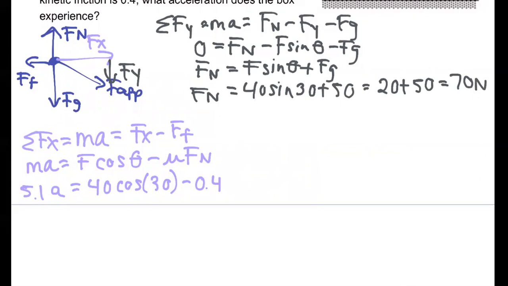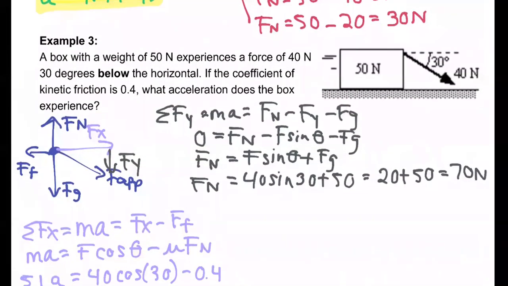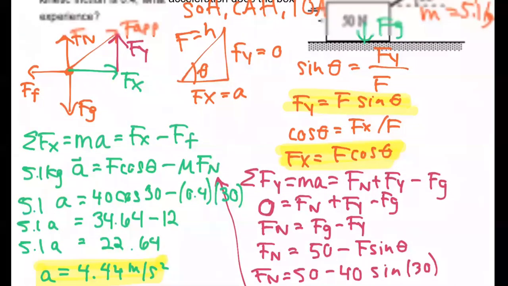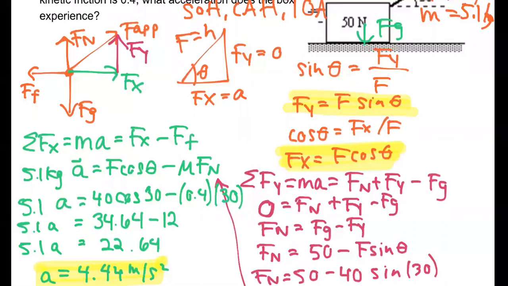Now I ask myself, does this make sense? If I'm thinking about it, does it make sense that this normal force is greater than up above? I've got two forces going downward and one force upward. But before, I had two forces upward and one downward.